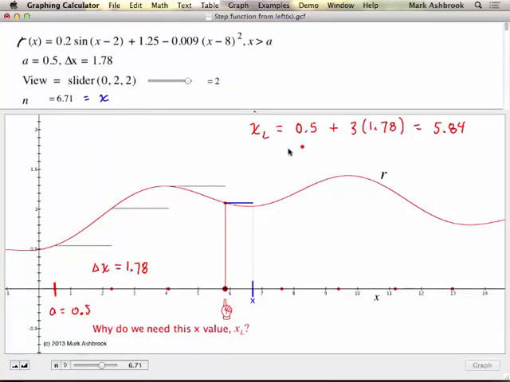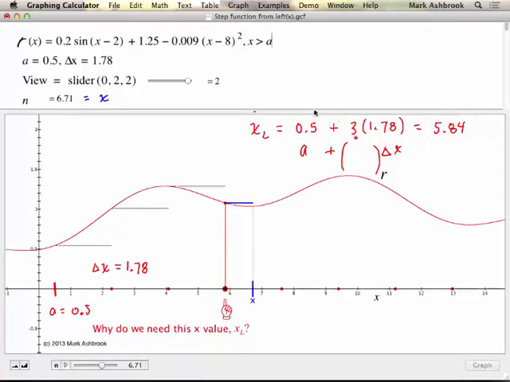Does it make sense? Okay, so let's get a general structure for this. This left is really A plus, this is delta x. So what does that number 3 represent? Steps. Full intervals. How many full intervals from A to that left x value?